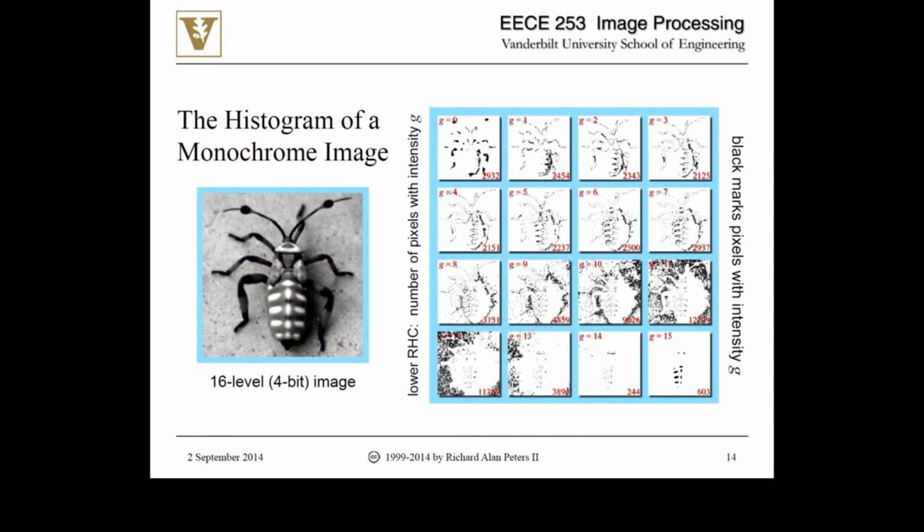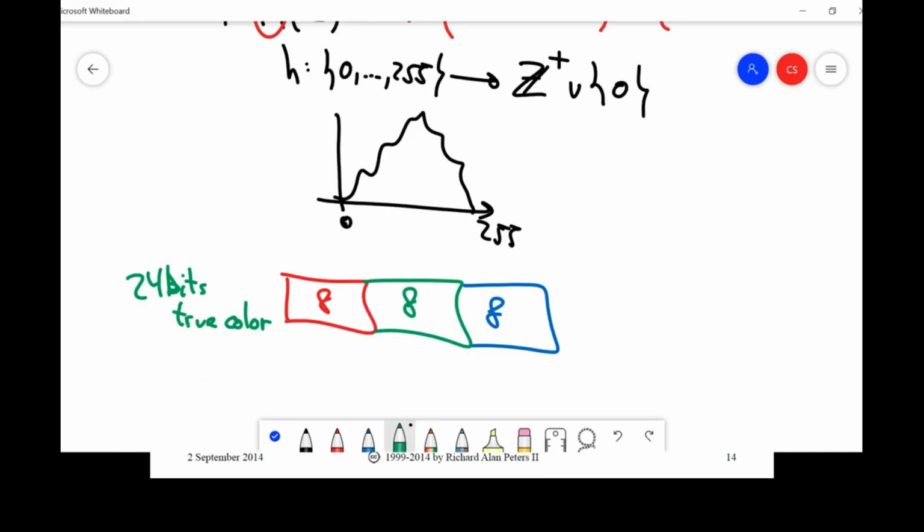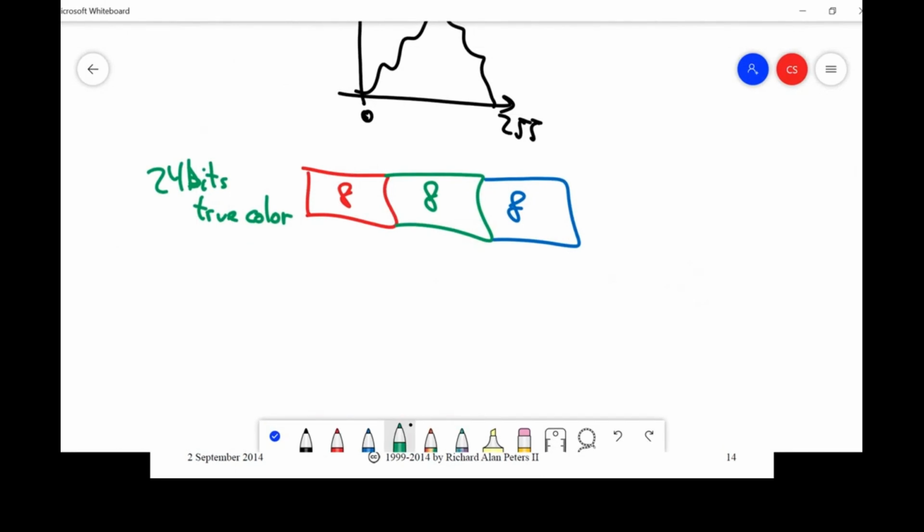Okay, now let's make it a gray image. So now if we use 4 bits, our image type has discrete locations, and the range, because we are using just 4 bits, will be 0, 1, up to 15.